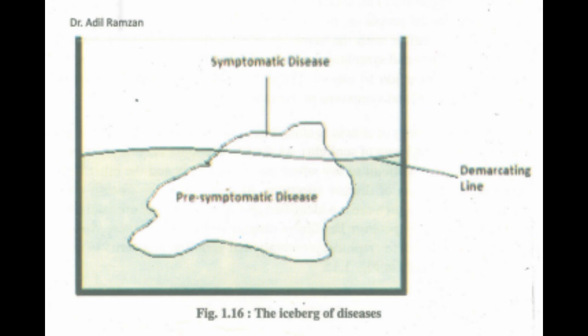But a large number of undiagnosed cases are hidden under this line of demarcation, as shown in Fig 1.16. Hence the name iceberg of disease, which denotes the presence of a small number of known cases and a large number of unknown and missed cases. Fig. 1.16, the iceberg of diseases.